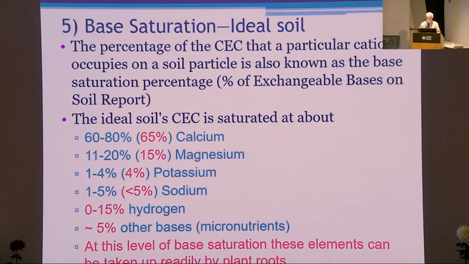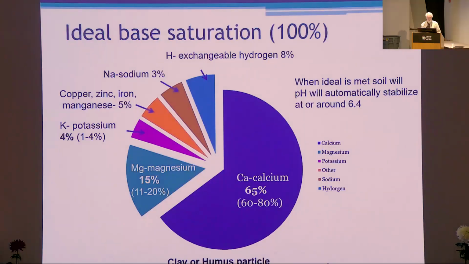I've never seen an explanation for why that's true, but it's true. And so that's the ideal that you're going after. You can see that it's a zero-sum game. You basically have 100%, and the majority is going to be calcium, followed by magnesium and potassium, and then you have the sodium, hydrogen, and the other exchangeable bases.